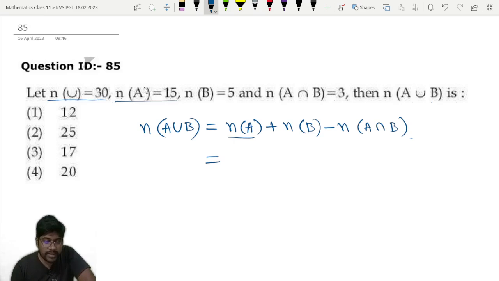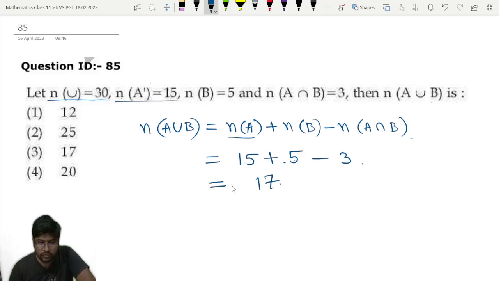So what will be the elements in A? 30 minus 15, that will be 15. Now n of B is 5 and n of A intersection B is 3. So that is equal to 20 minus 3, that is 17. So n of A union B is 17. Option 3 is the correct answer. So is it clear to everyone? Okay, let's move to the next question.